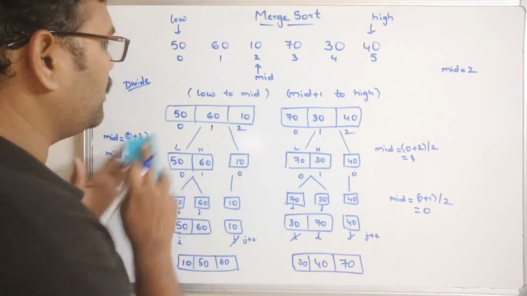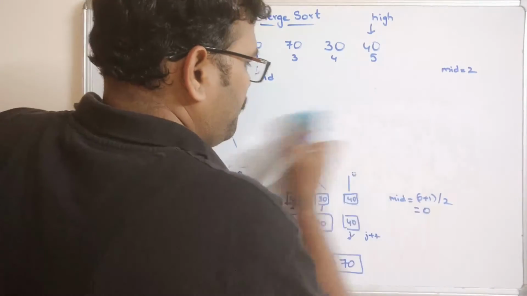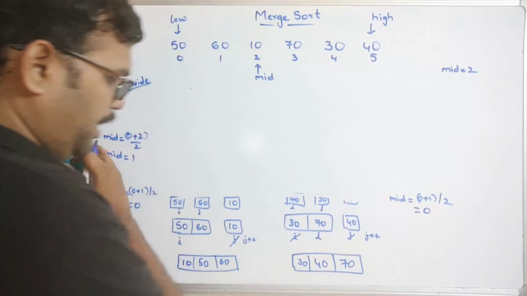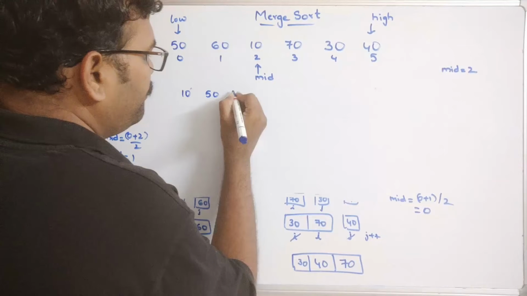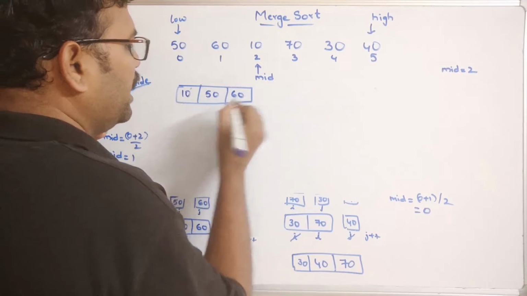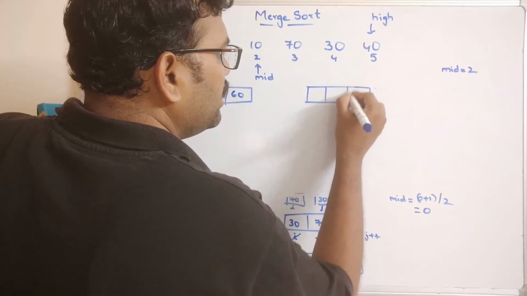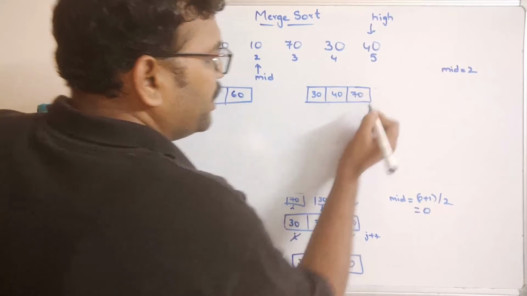Now we will solve this one. So I will erase this one. Right. So let us consider 10, 50, 60. So 3 elements, and here also we are having 3 elements, 30, 40 and 70.